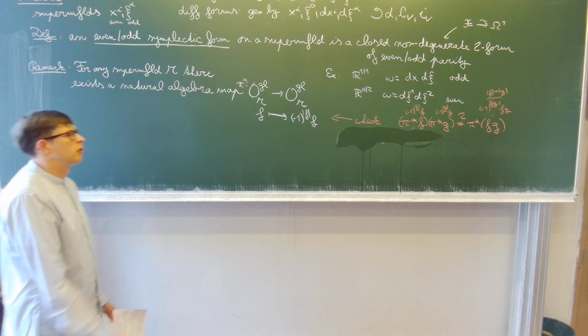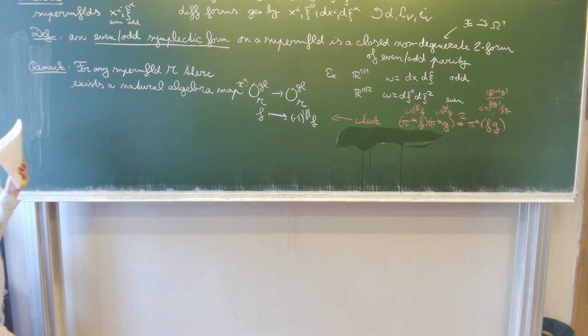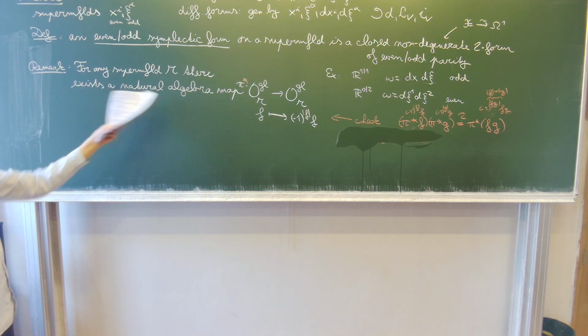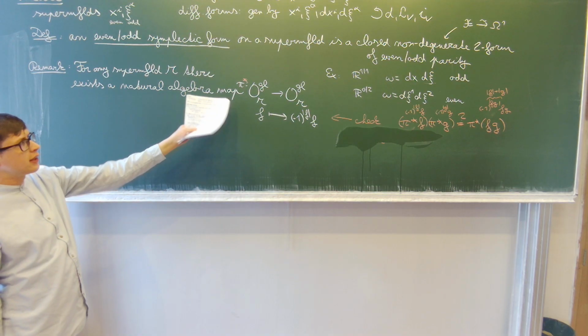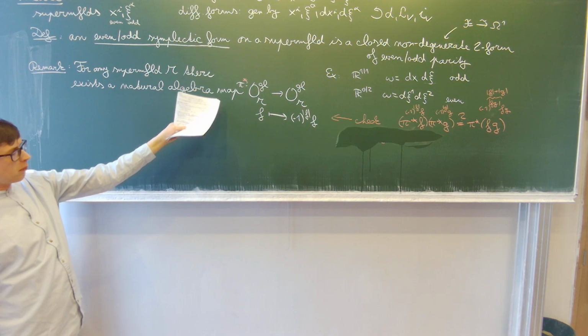and then if you remember the proposition we discussed before, the one that told you how to describe maps in terms of coordinates and algebras of functions, then this is equivalent to saying that there is a natural map on the manifold.